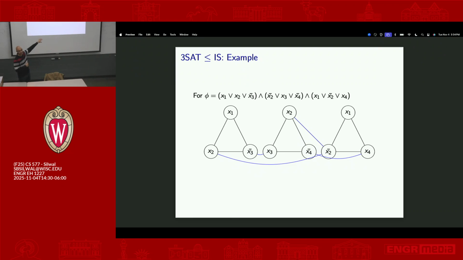If there's a satisfying assignment, maybe x1 and x2 were true. Well, then I just have to pick one. I'd be happy with it, right? If there was a satisfying assignment, then I could convert it to an independent set. Similarly, going backwards, if there was an independent set, I could convert it to a satisfying assignment. If there were multiple choices, just pick one. Good question.